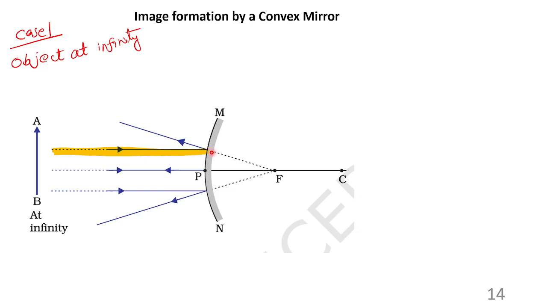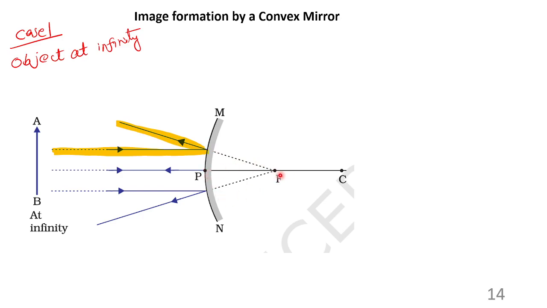If you don't remember, you may watch the recorded class. Any parallel ray will be reflected in such a way that if we extend the reflected ray, it will meet at the focus.